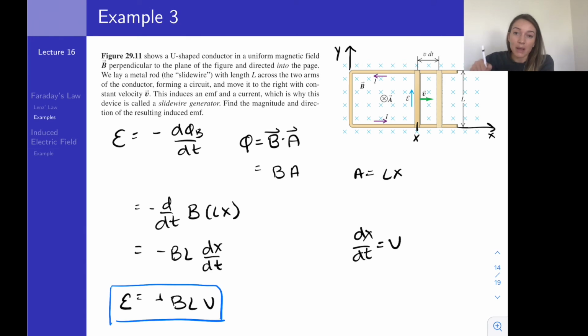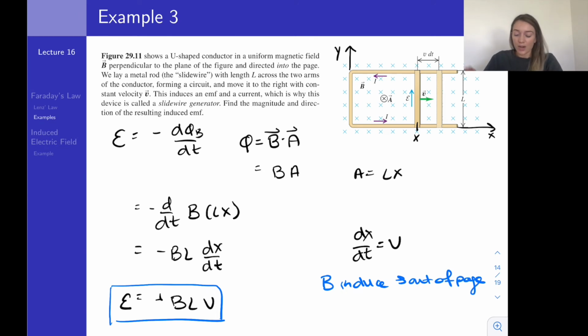So that means my magnetic flux is increasing in that direction. So I'm going to want to induce a magnetic flux or a magnetic field that's out of the page to try to offset that increase from the area. So I'm going to want to induce a magnetic field that's out of the page.